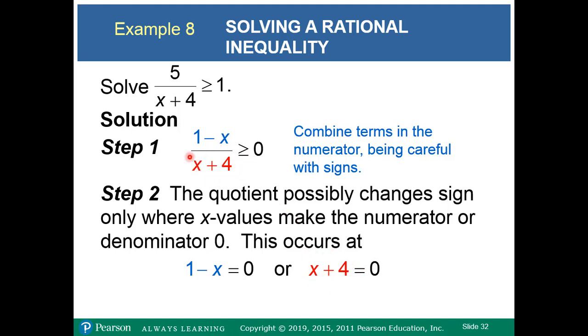The bottom tells us what all the restricted values are. The numerator tells us when the whole expression is equal to 0. So x equals 1, and x equals negative 4. Negative 4 is going to be a restricted value.